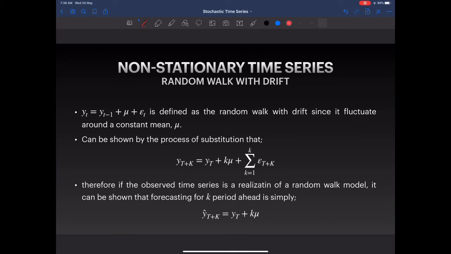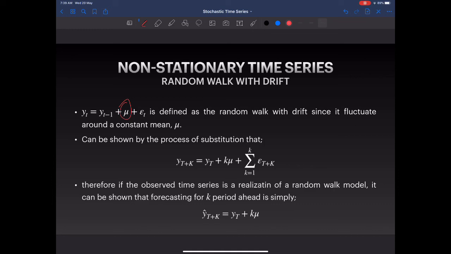We have another type of non-stationary time series, which we call random walk with drift. The drift is an element added to our random walk, which says that it fluctuates around a constant mean of mu. Here we emphasize the theoretical properties of each series.